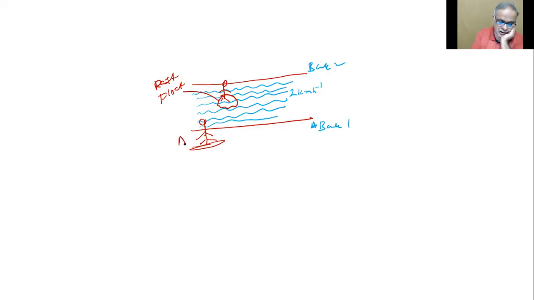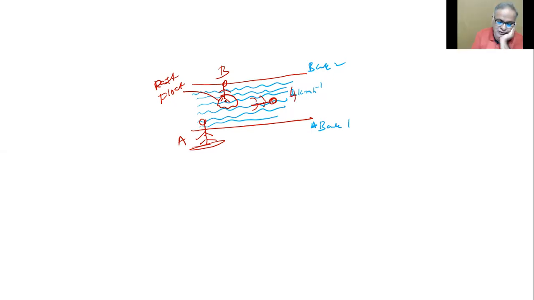There's a person called A here, there's a person called B there. Both are watching a swimmer here. Let me say the river is 4 kilometers per hour.